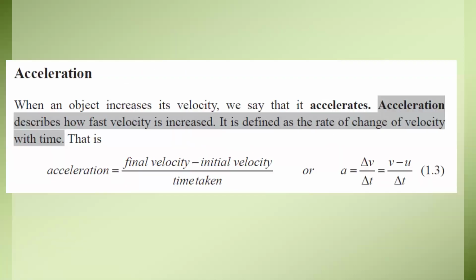Another example: say an object is traveling at 3 meters per second, so the initial velocity is 3, and it changes direction and moves vertically at 3 meters per second. Is this object accelerating? Yes or no?